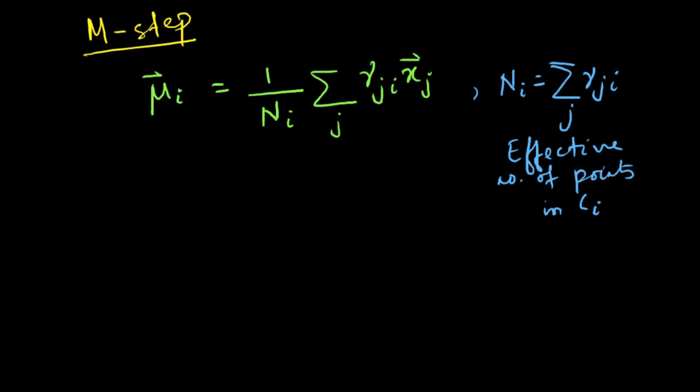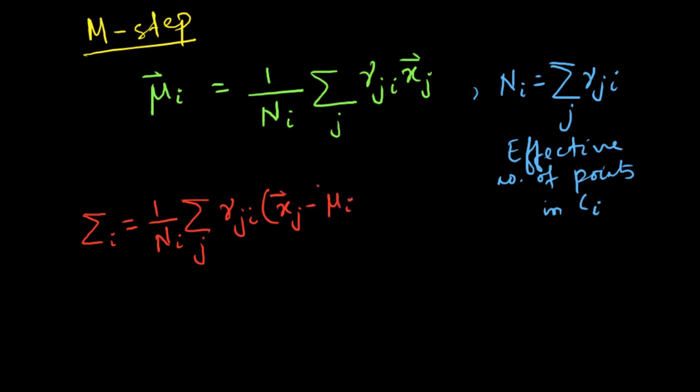Then we go ahead and compute our sigma I, which is the covariance matrix, given by 1 by Ni, summation over all j of gamma ji into (xj minus mu I) into (xj minus mu I) transpose. This is the way a multivariate Gaussian distribution is defined when you have multiple variables.